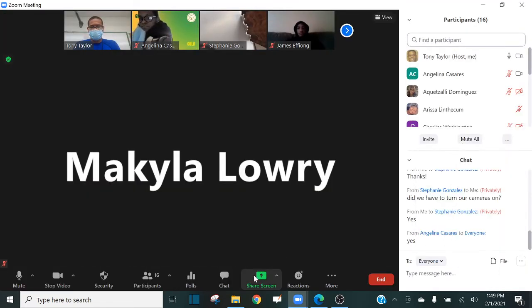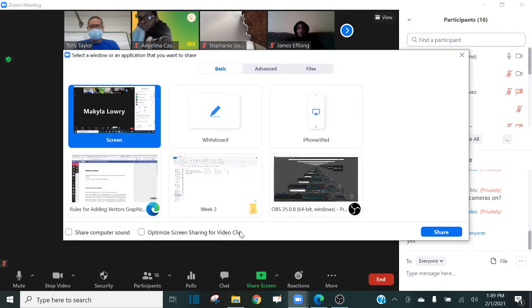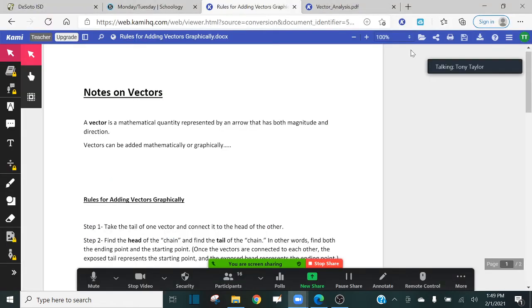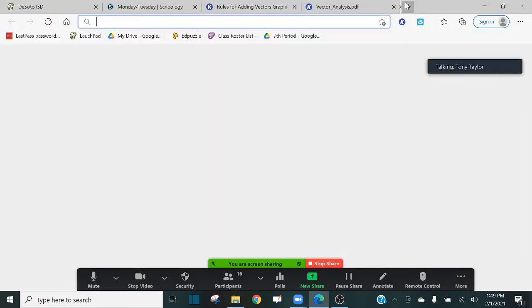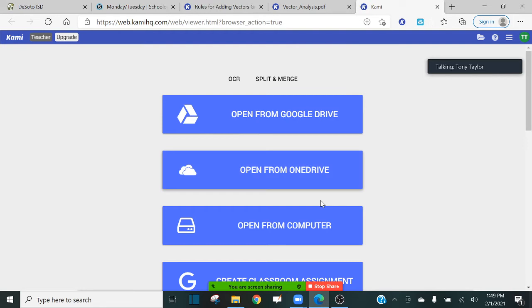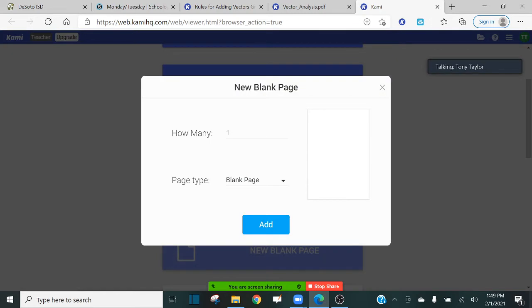Hold on, guys. So, if y'all remember, I taught you guys how to draw a vector. For example, let me pull up a new blank page.